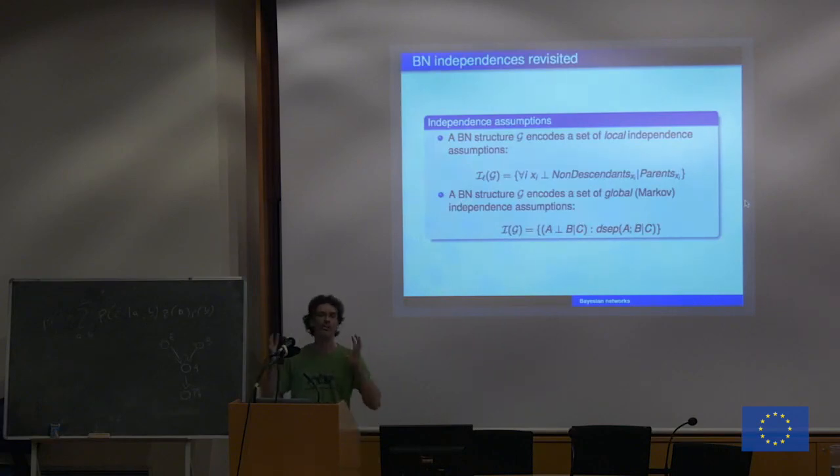So all the independencies in the network are of this type. The local ones, I already said, are the simplest: node, non-descendants, parents. Global ones need some d-separation reasoning.